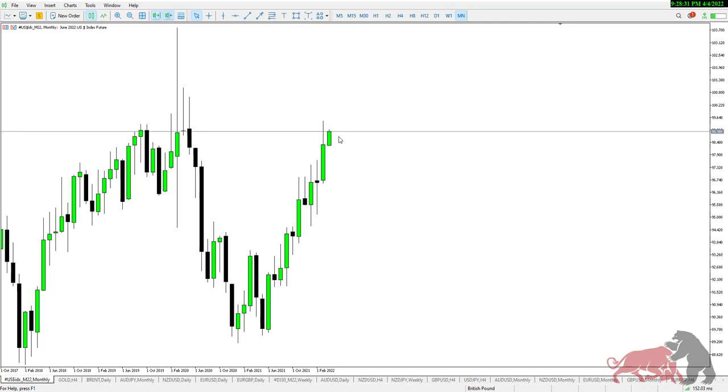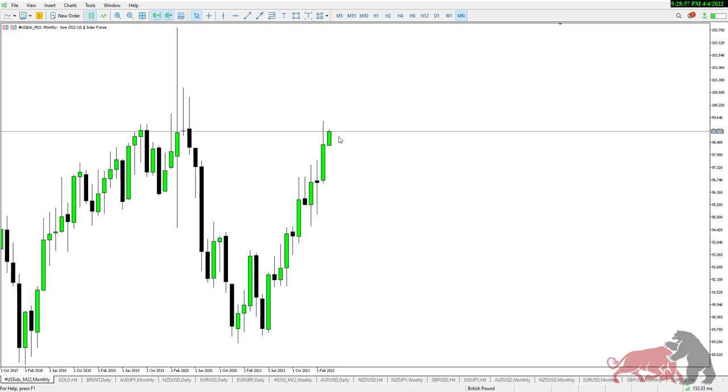Now, as for the future forecast, you need to ask yourself, where is the draw on liquidity right now on dollar index? Remember, the analysis of dollar index is going to help you in coming up with decisions whether you're going to be long on the majors or short on the majors.